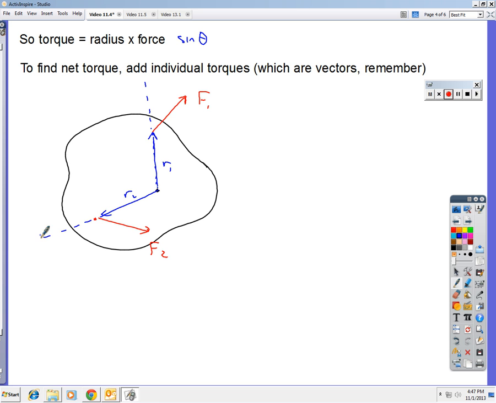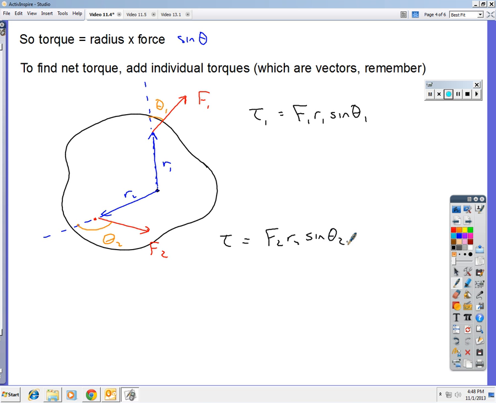The way you define the angles would be like that, theta 1 and theta 2. And so the torque due to force 1 is F1 R1 sine theta 1. Torque due to force 2 is F2 R2 sine theta 2.